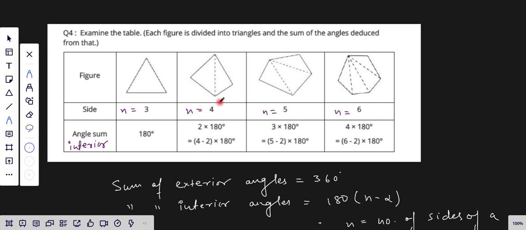So basically, it's a quadrilateral. This is a triangle. This is a pentagon, and this is a hexagon. Okay, so similarly you can check this for a quadrilateral.